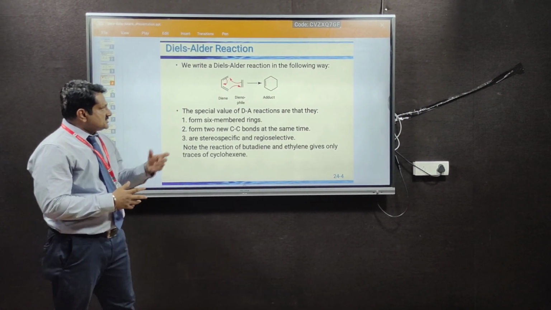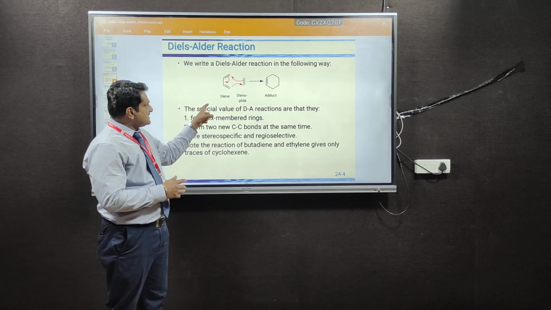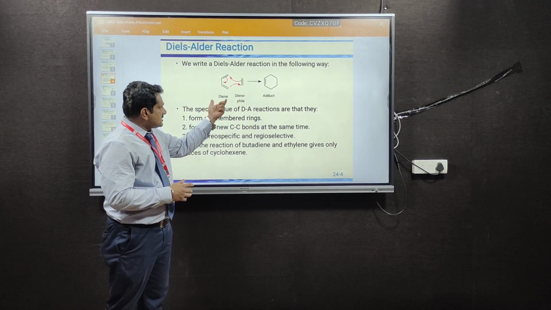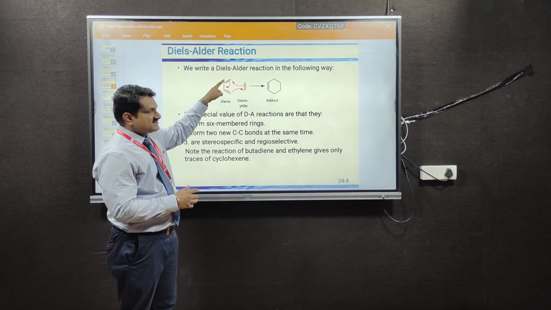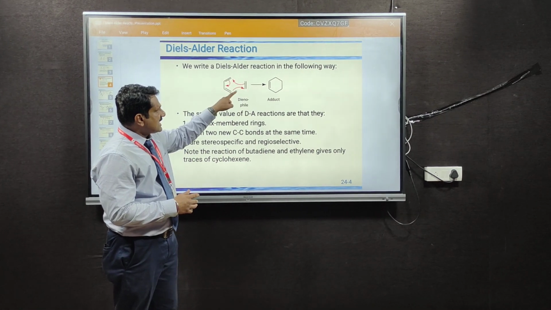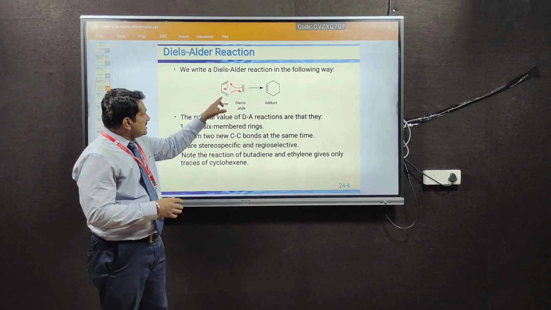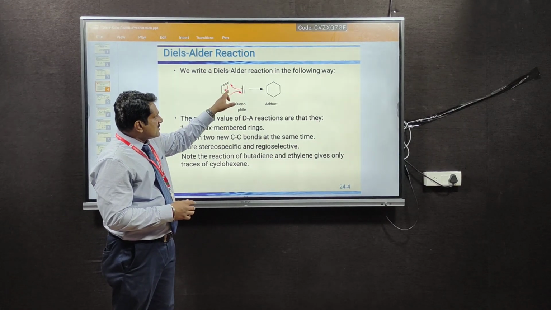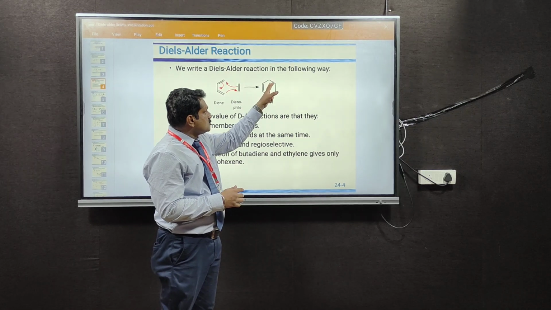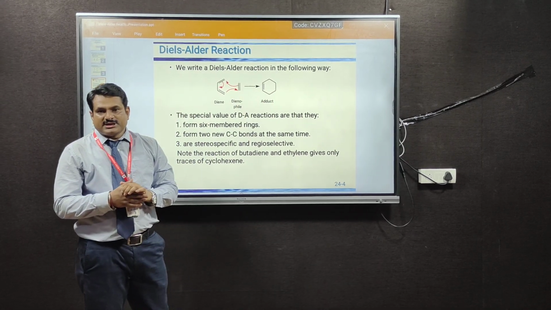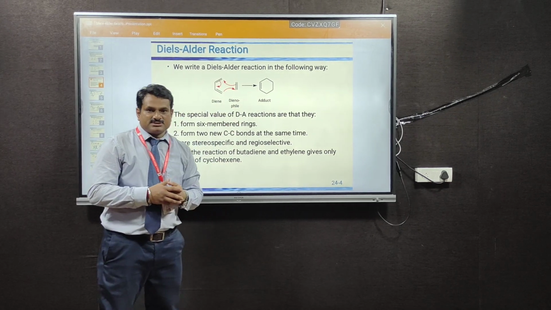Basically, this reaction has a mechanism with the diene as well as the dienophile. In the cyclization, we end up with an adduct in which 2 pi bonds are nullified and 2 sigma bonds are formed in the product. That is basically our Diels-Alder reaction.